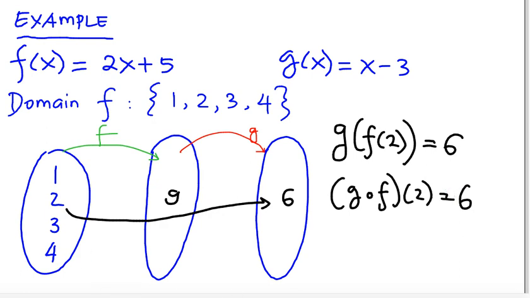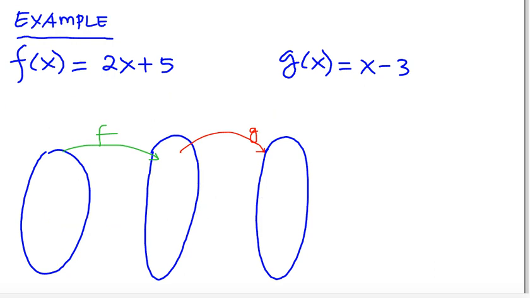Now, sometimes I might not want to do this one by one using numbers. I might just want to find a formula that goes right away. Can I find a new formula that goes right away from the first set to the third and the last one here?